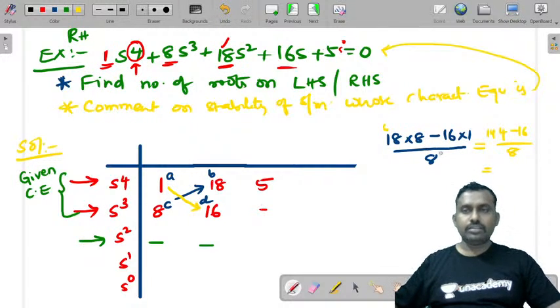I think you can tell this number. 18 into 8 minus 16 into 1 by 8. At least one of you can tell me the value of this. 18 into 8 minus 16 into 1 by 8. 144 minus 16. What is 144 minus 16 by 8?